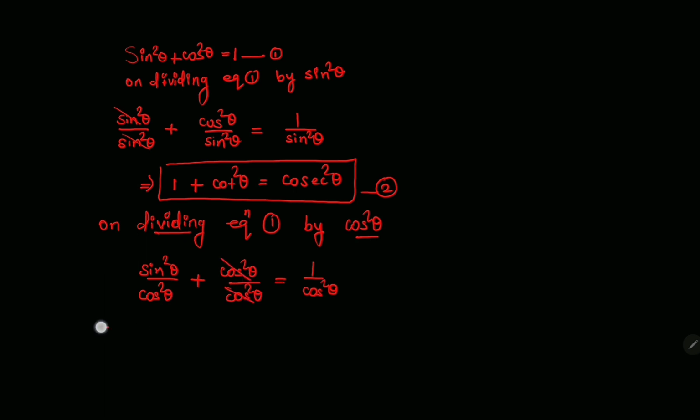This is 1. Sin upon cos, we know it is tan. 1 upon cos is sec. So this is the third identity: 1 plus tan square theta equals sec square theta.